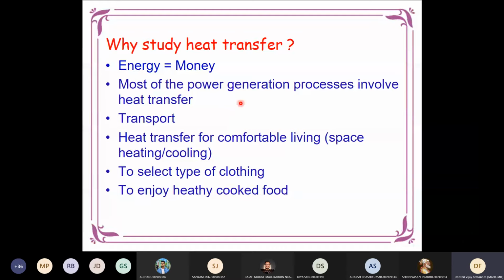And then also transport, whether you have the bike or car or bus, or plane. Everywhere we have burning of fuel, then conversion of that heat energy into mechanical energy, then heat transfer for comfortable living, selection of clothing, cooking, or enjoying healthy food. So heat transfer is very, very important.